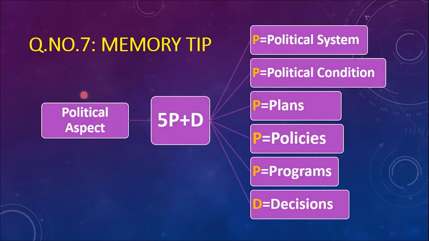To remember the definition of political aspect, you can remember 5P plus D. Let's see. P, P, P, P, P and D. P means political system, P means political condition, P plans, P policies, P programs of the government, and D means decisions of the government. So these all are included in political aspect.